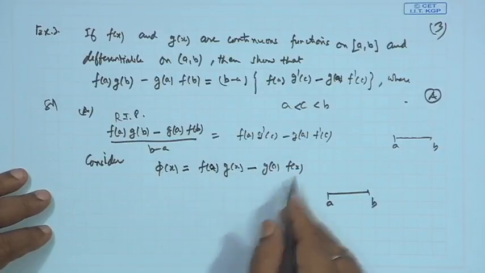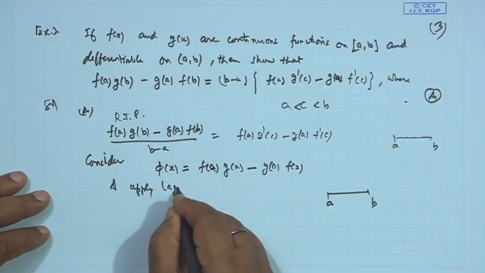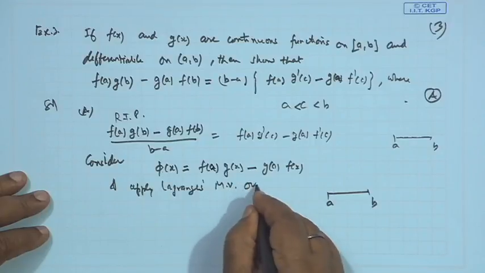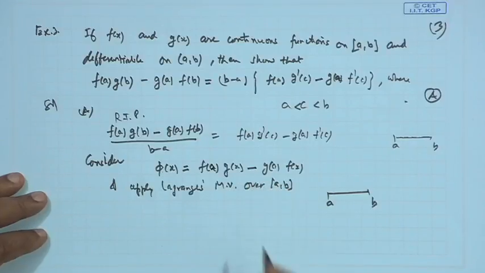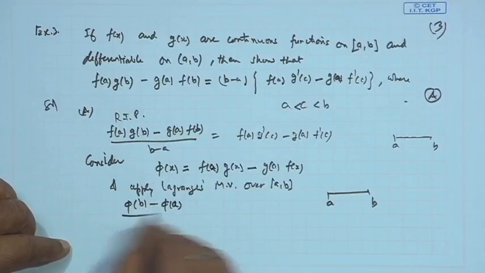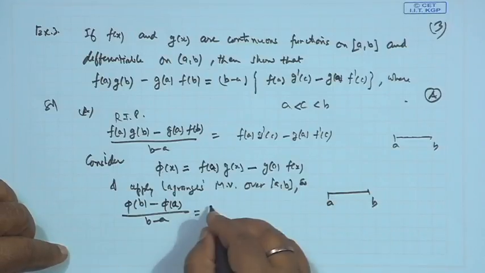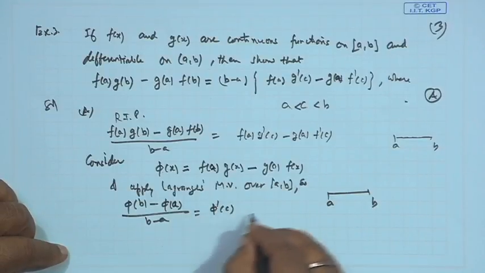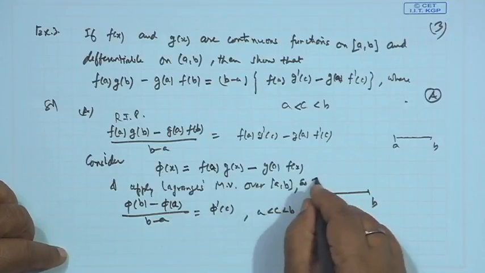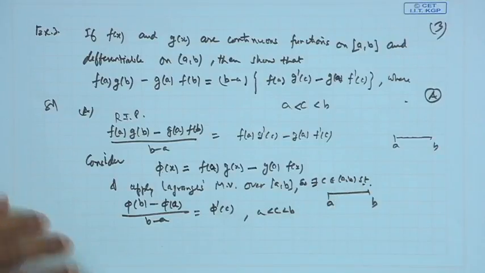Okay. So, consider this function and apply Lagrange's mean value theorem over the interval a b. So, what do we get? Phi b minus phi a over b minus a, where c is a point in between a and b. So, there exists c in the interval a b such that this result holds.